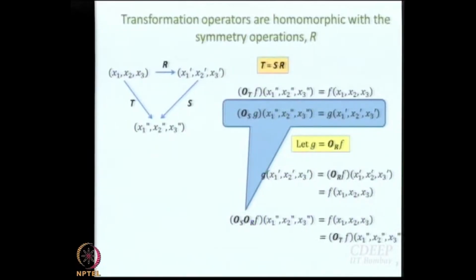So, you basically get the same thing that we were saying earlier, you get the same character table. So, you get the same group multiplication table no matter whether you use the symmetry operations or the transformation matrices or the transformation operators, right.